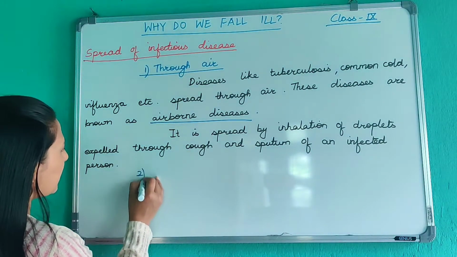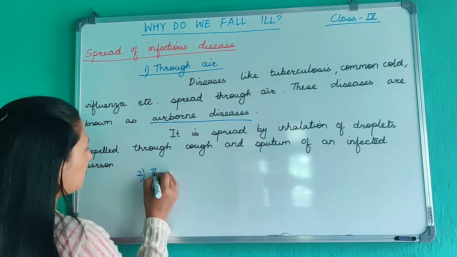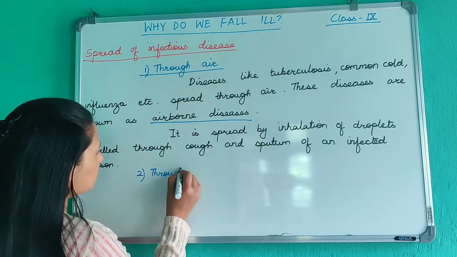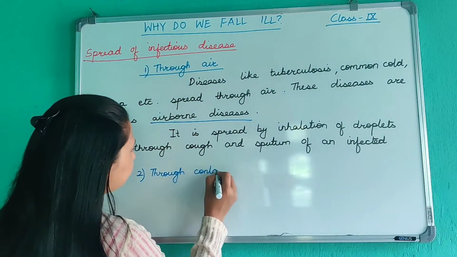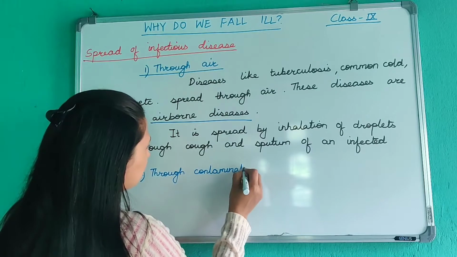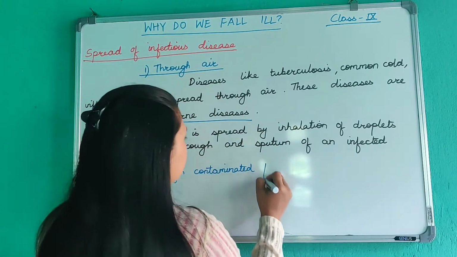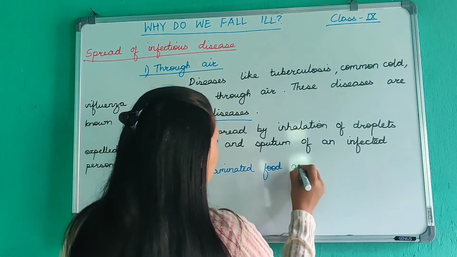The next agent that spreads infectious disease is contaminated food and water.